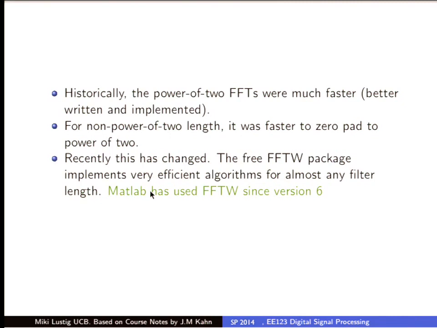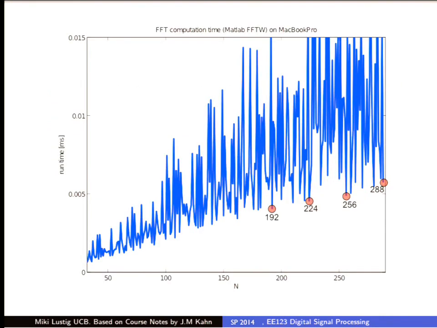But as it turns out, power of 2 FFT is not necessarily the fastest one. So this is an example of an FFT computation on a MacBook Pro that's about 4 years old. You look at the time in milliseconds to compute versus n, averaged over many, many instances, because everything is stochastic when you run it on a computer.